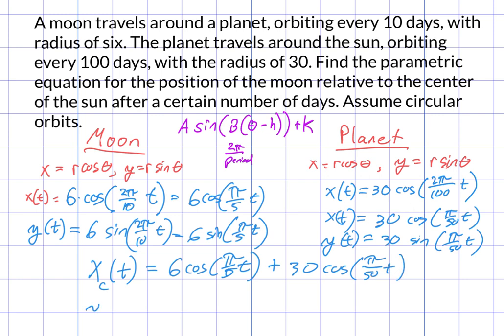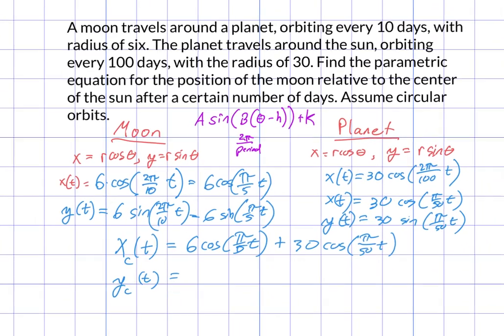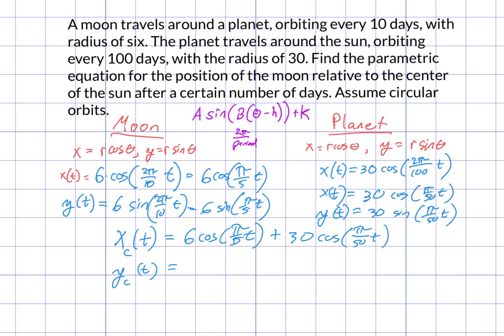And the y relative position combined parametric equation with respect to time is the combining of those two: 6 sine pi fifths t plus 30 sine pi 50ths t.